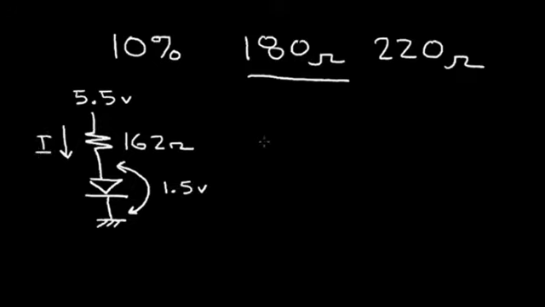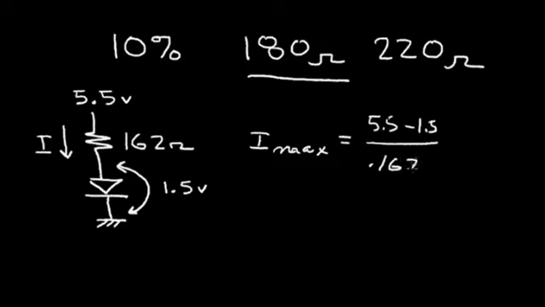So let's see what the maximum current could be. I max is equal to the voltage across the resistor, 5.5 minus 1.5, divided by 0.162 k ohms, and that is equal to 24.5 milliamps.